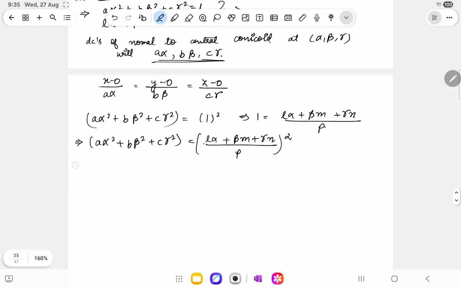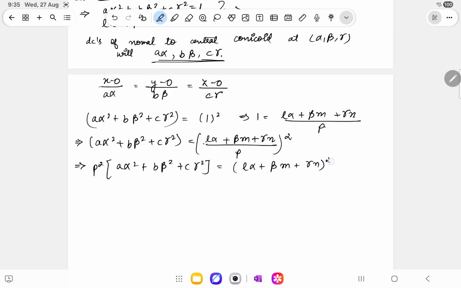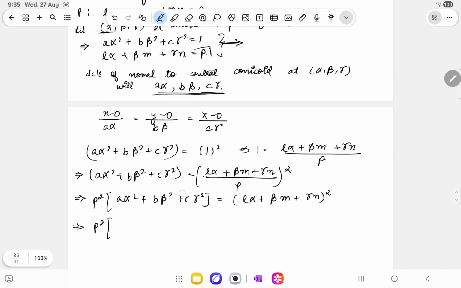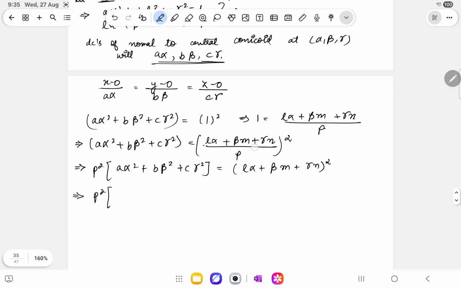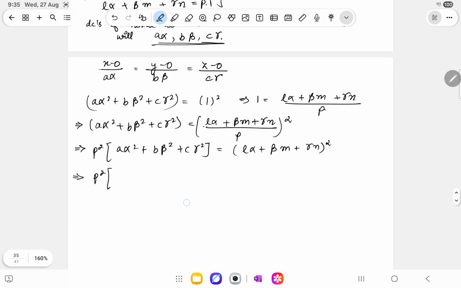If I simplify it, I'll get p square into a alpha square plus b beta square plus c gamma square, which is equals to L alpha plus m beta plus n gamma whole square. Because we are supposed to find the locus, we need to eliminate these arbitrary points.